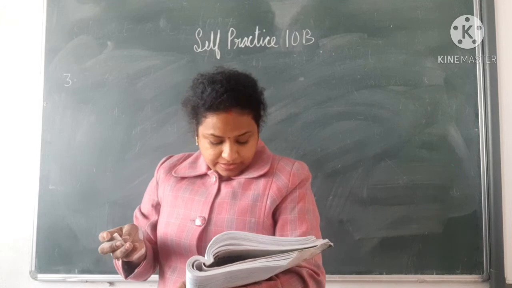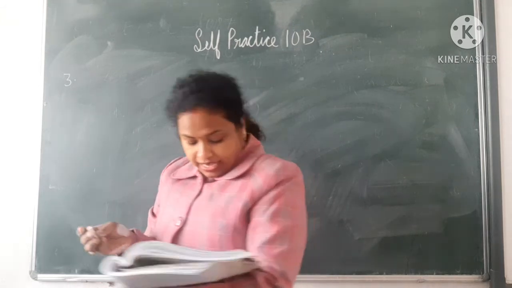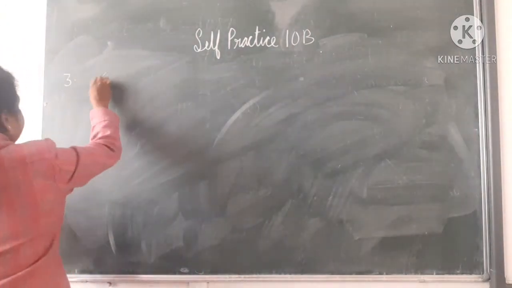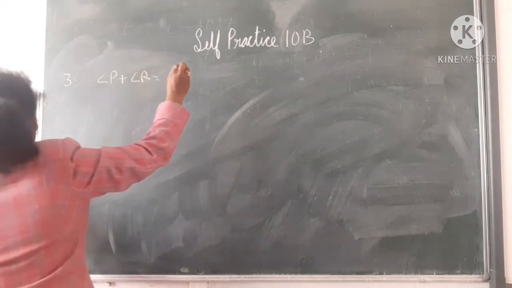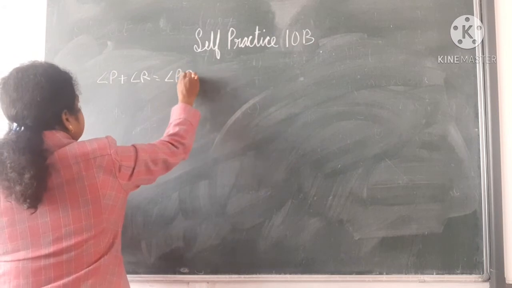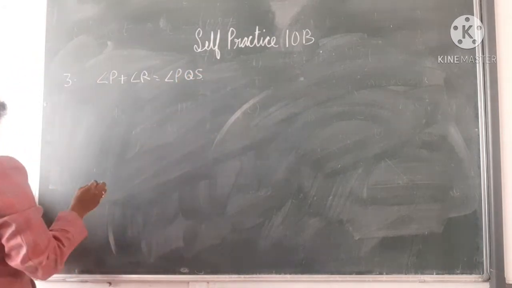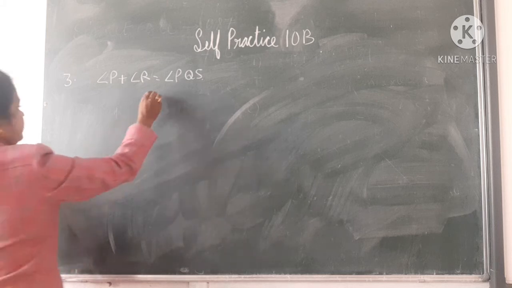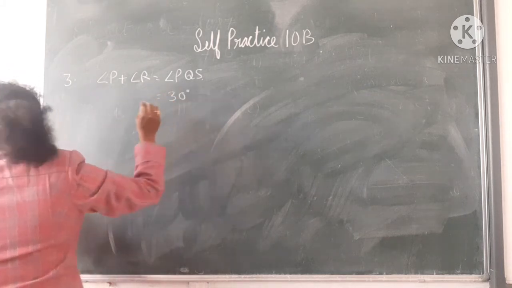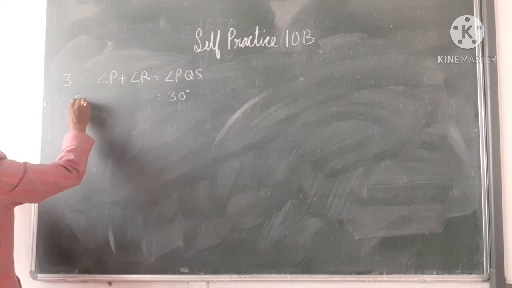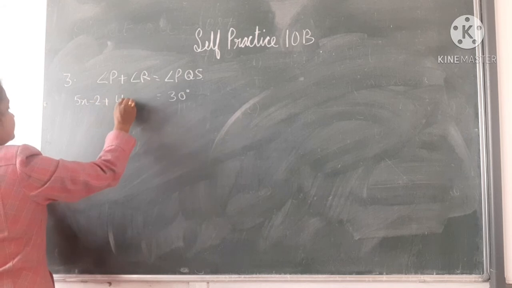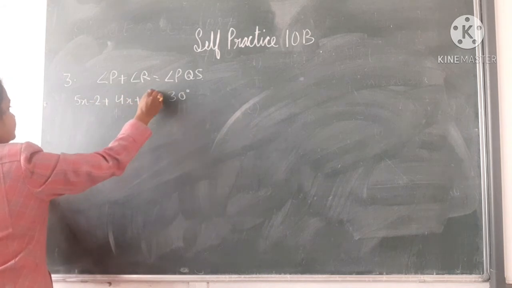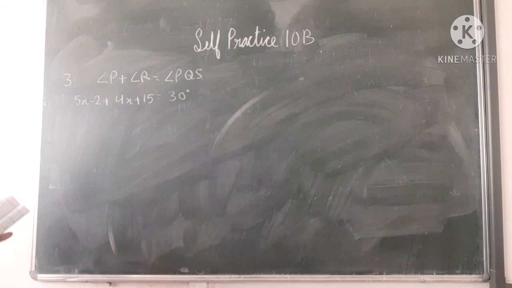Now see, angle P plus angle R will be equal to angle PQS. Okay. Now the PQS is 130 degree. 5x minus 2 plus 4x plus 15 degree.